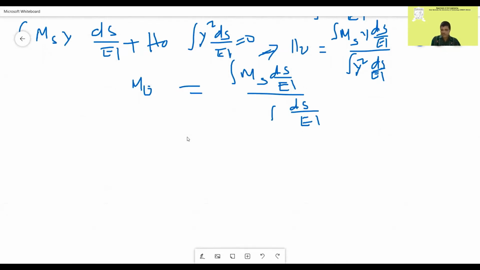So let us see for a symmetrical parabolic arc how to find the elastic center, and then you can solve a problem on this. Now let us go for this symmetrical parabolic arc.